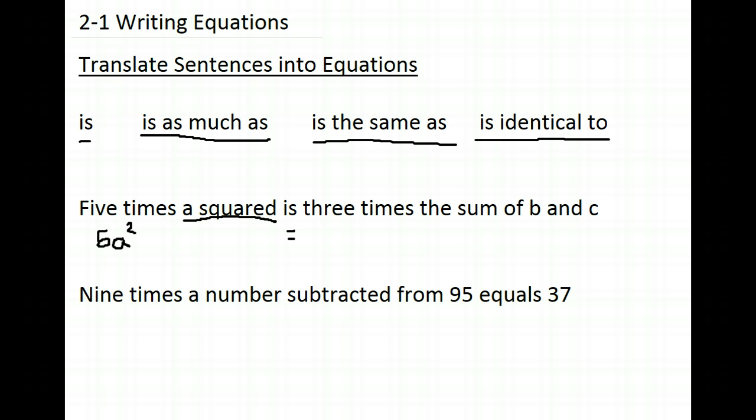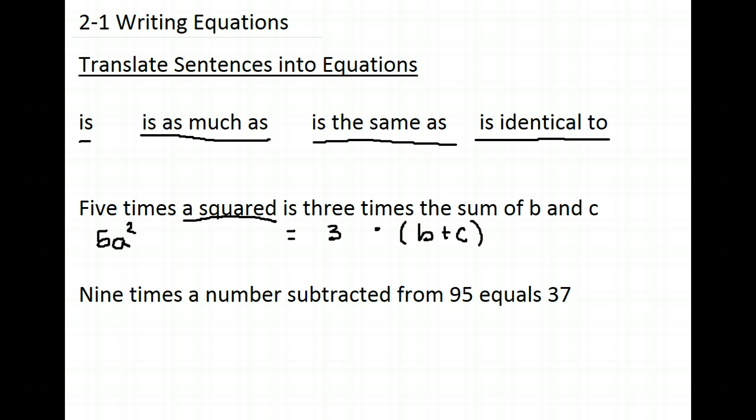Is 3 times the sum of b and c. Okay, so we have multiplication happening. We have 3 times the sum of b and c, and in order of operations, we want to do this correctly. So we have to put the sum of b and c inside of parentheses. So you have open paren, b plus c, close.